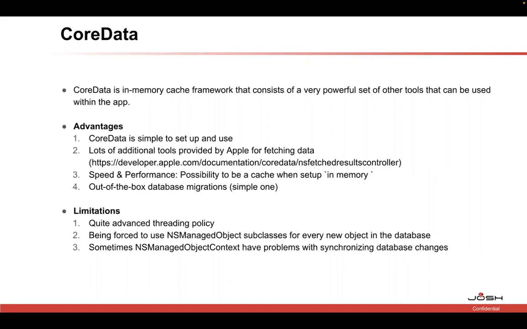Every time we need to use NSManagedObject while performing any operation over Core Data. Also, sometimes NSManagedObject has problems synchronizing database changes, so sometimes data cannot be synchronized. That's one of the disadvantages of using Core Data.